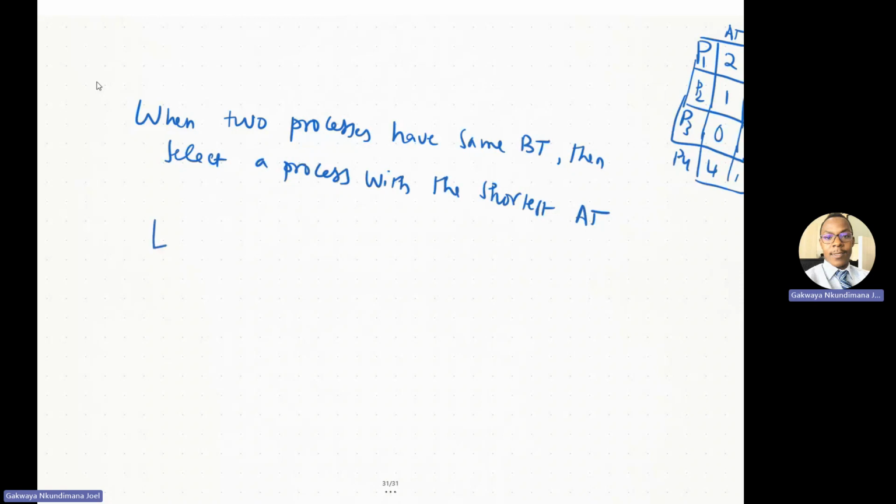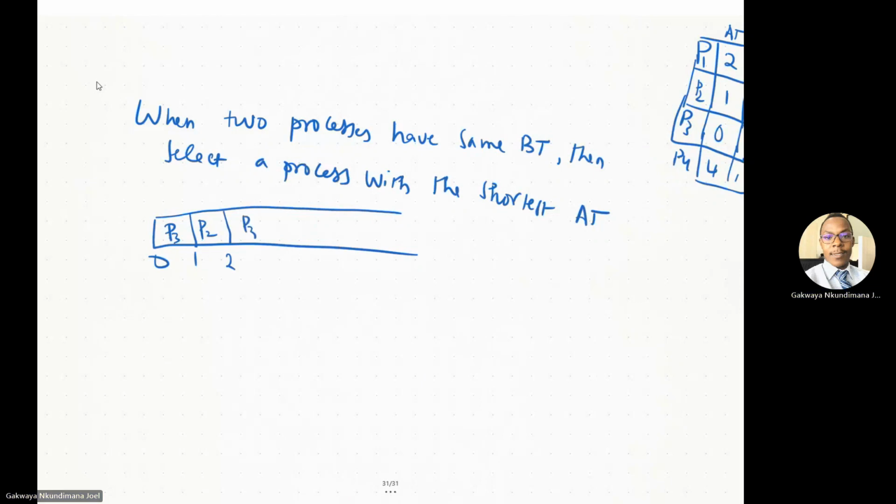So our Gantt chart will be written this way. It starts at 0, where P3 was the first one. At time 1, P2 came in. When the time becomes 2, P2 is suspended, and we select P3 again.